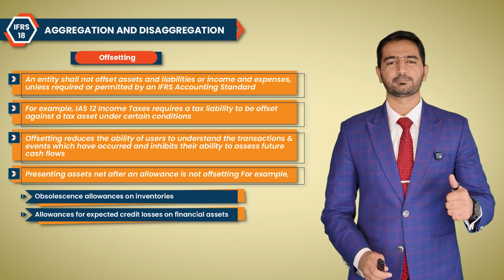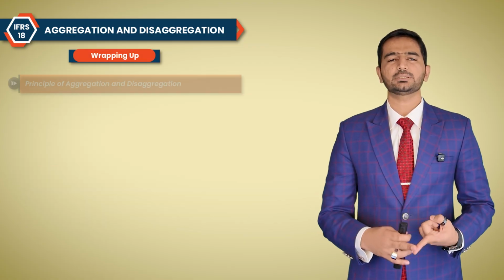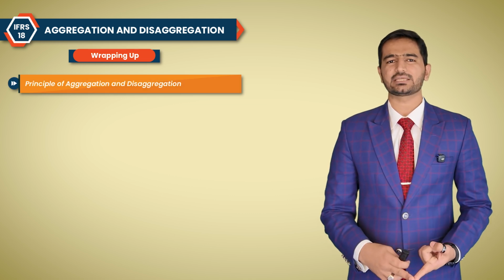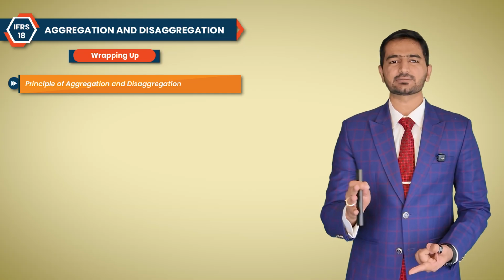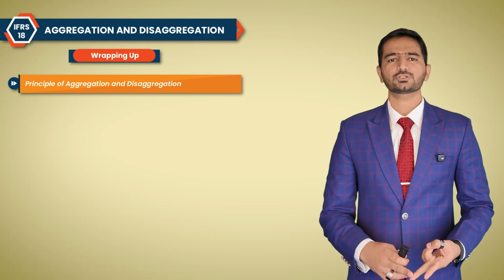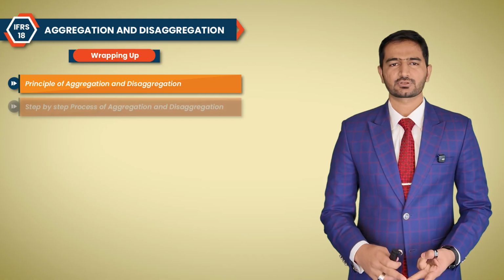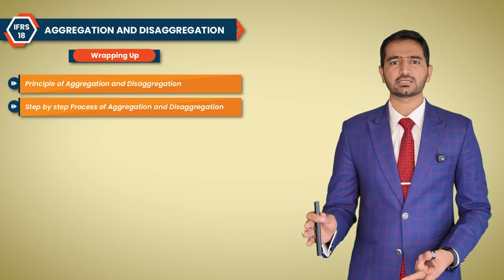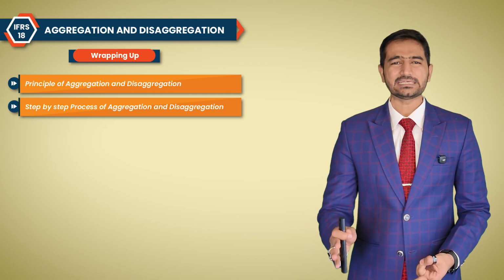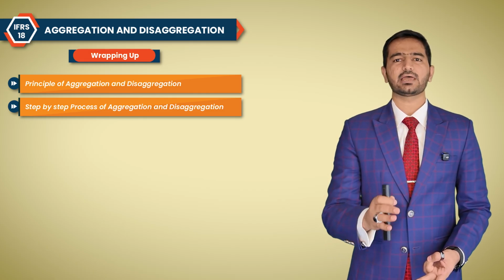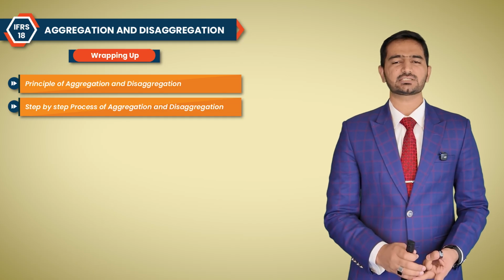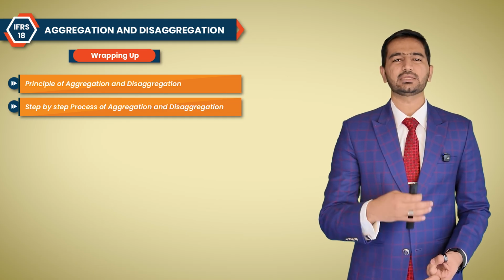Got it? Brilliant. Alright, my friends, let's do a quick recap of what we have learned today. We understood the principle of aggregation and disaggregation, that is grouping similar items and separating dissimilar ones. We walked through a step-by-step process from analyzing the individual items to classifying, aggregating, disaggregating, and finally presenting them as line items in primary financial statements or disclosing them in the notes.